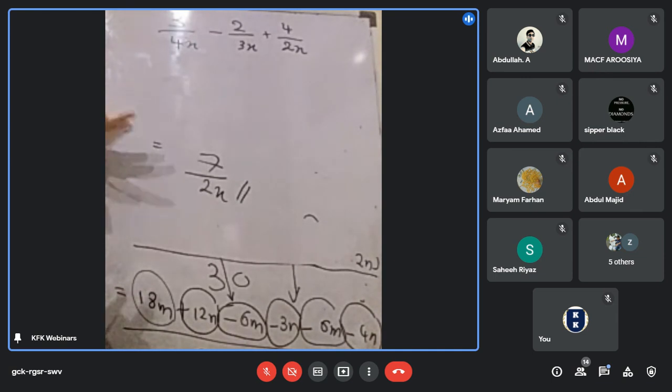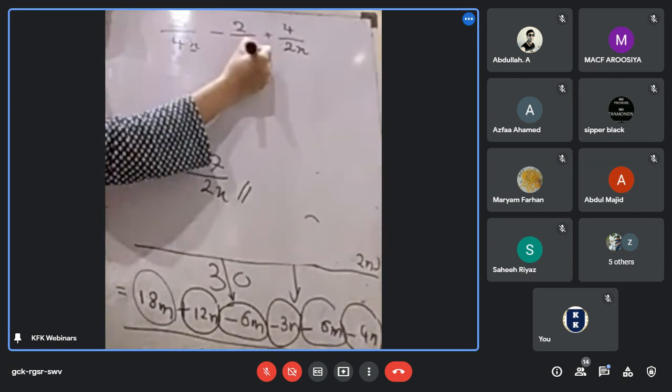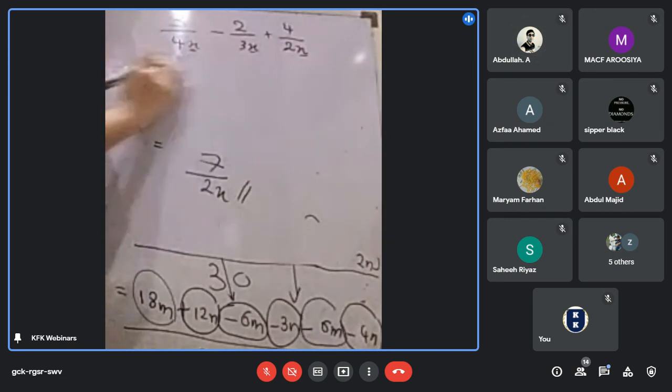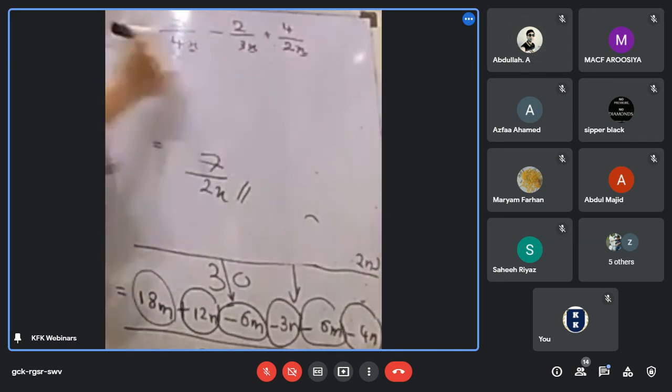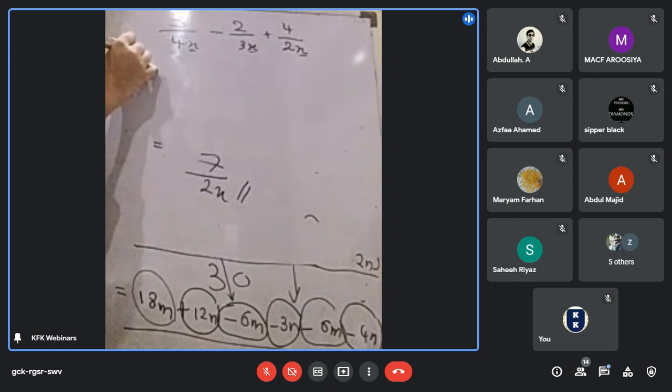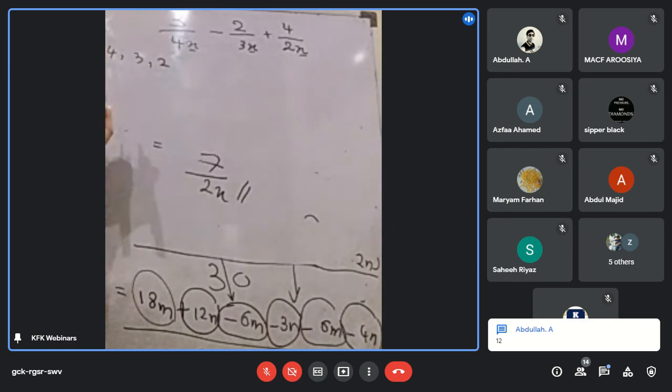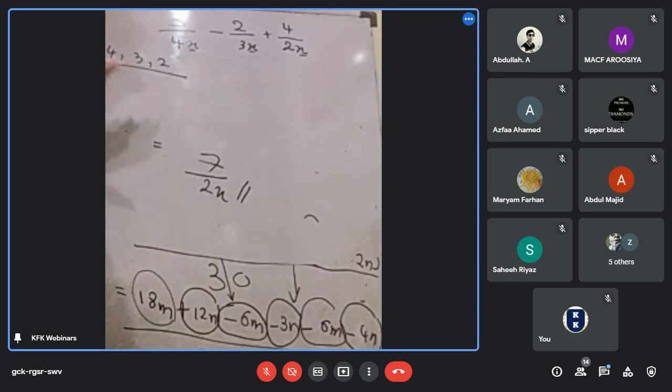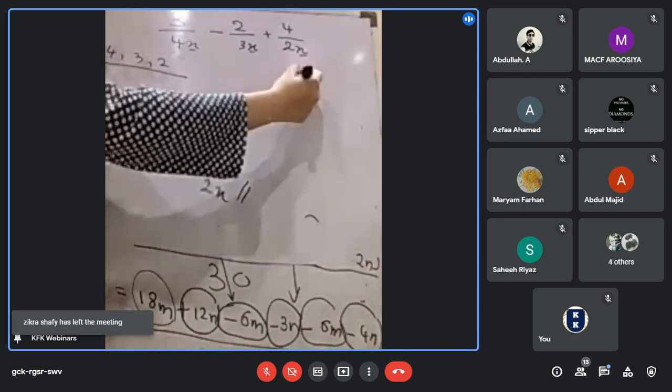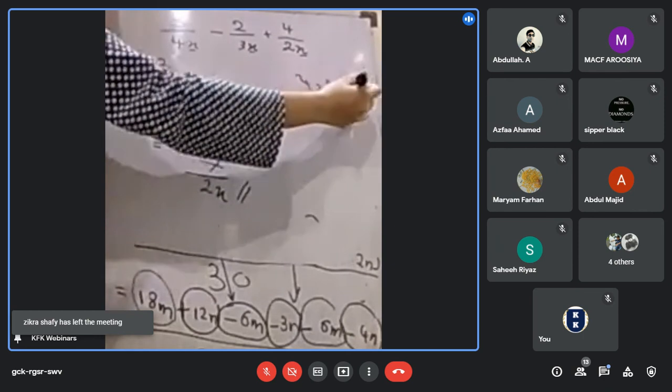All the letters of the denominators are the same. Everything is an x. So you can only use the numbers 4, 3 and 2 and find the LCM. So can you tell me what's the LCM?